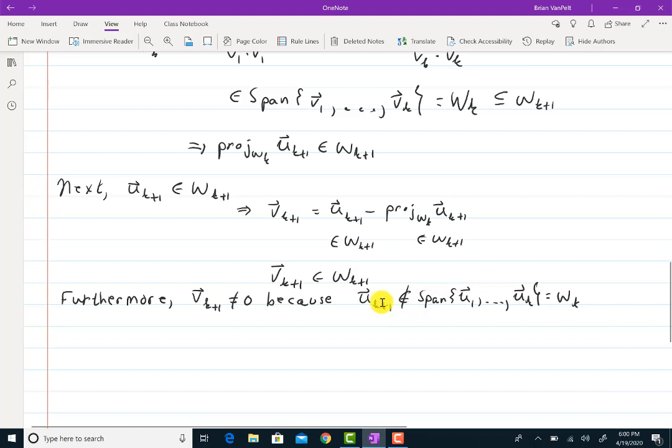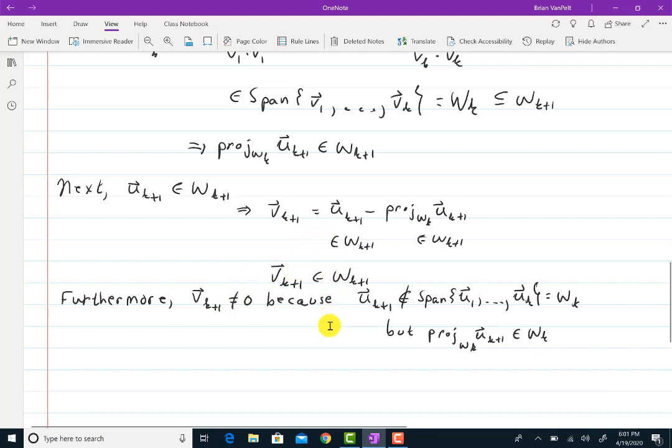So we know that u sub k plus 1 was not equal to 0, but more importantly, I want v sub k plus 1 not to equal 0. But anyways, u sub k plus 1 is not in wk, but the projection onto wk of u sub k plus 1 is in wk.